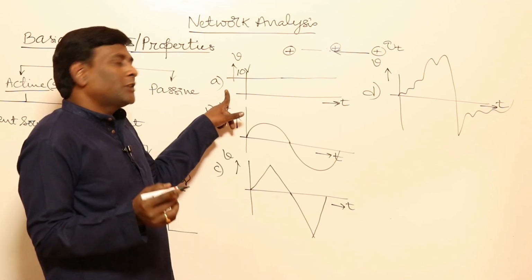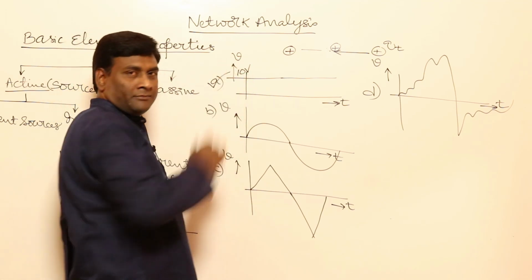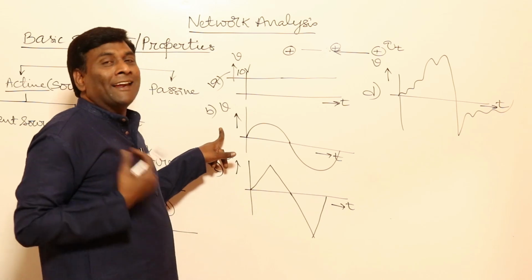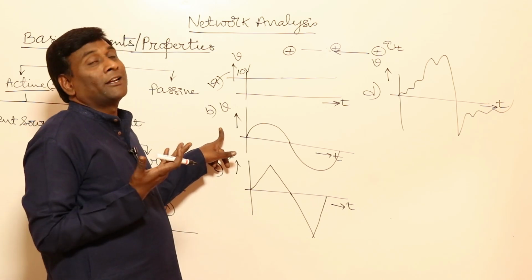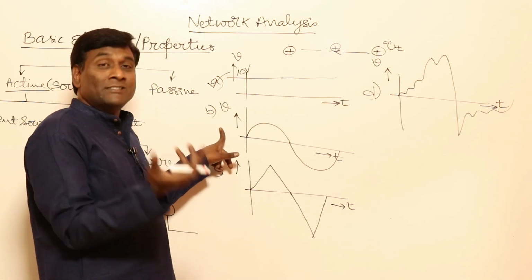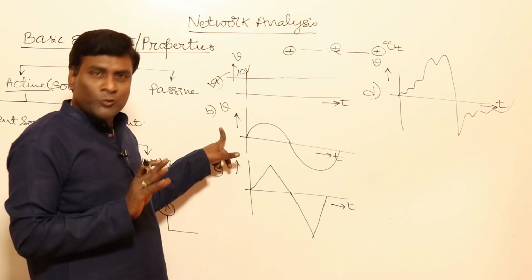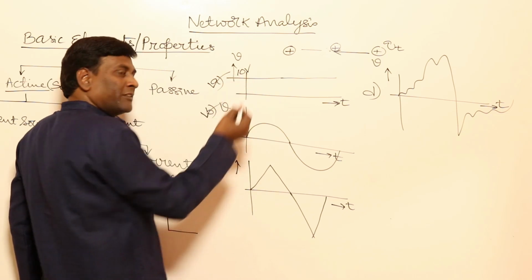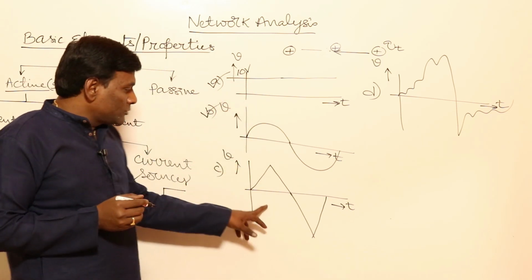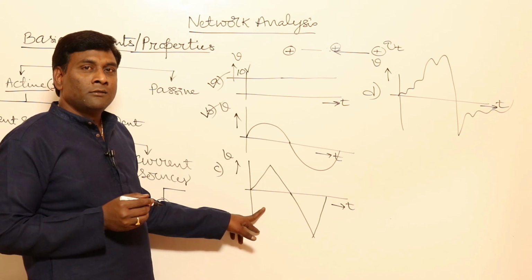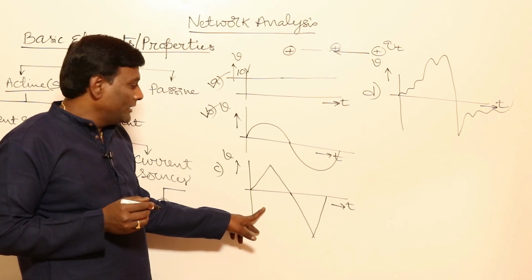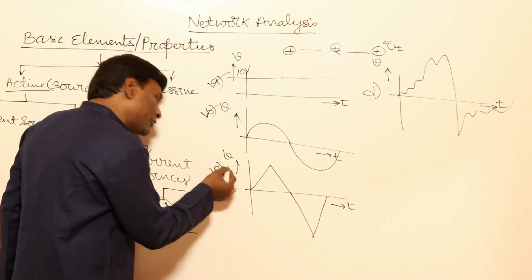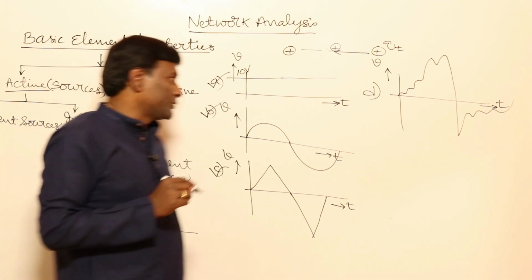DC source. Most of the members accept it. And is this a source waveform or not? Electrical guys, infinite source, national grid, your ceiling fan, everything will be operated by sinusoid only. So is this a source waveform or not? Most of the guys accept. Is this a source waveform or not? People start thinking, okay, this also can be a source waveform. I will tell you, just stay tuned.